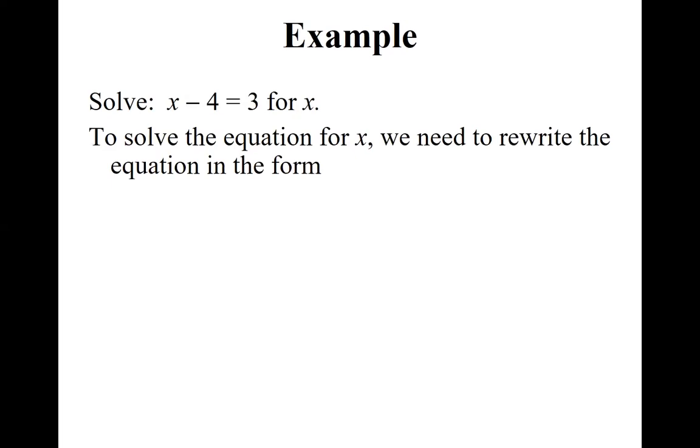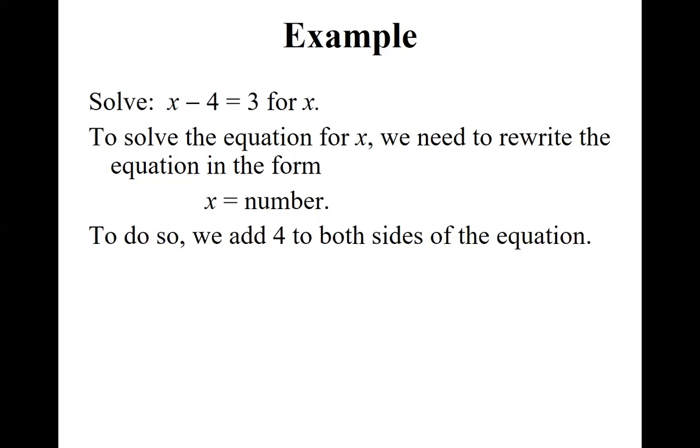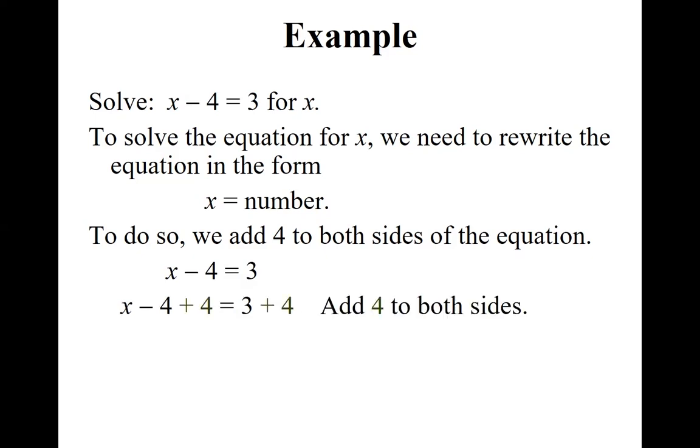So again, breaking it down, to solve for x, we need to rewrite the equation in the form x equals number. To do so, we add 4 to both sides of the equation. So instead of x minus 4 equals 3, we add 4 to both sides and get x minus 4 plus 4 equals 3 plus 4.